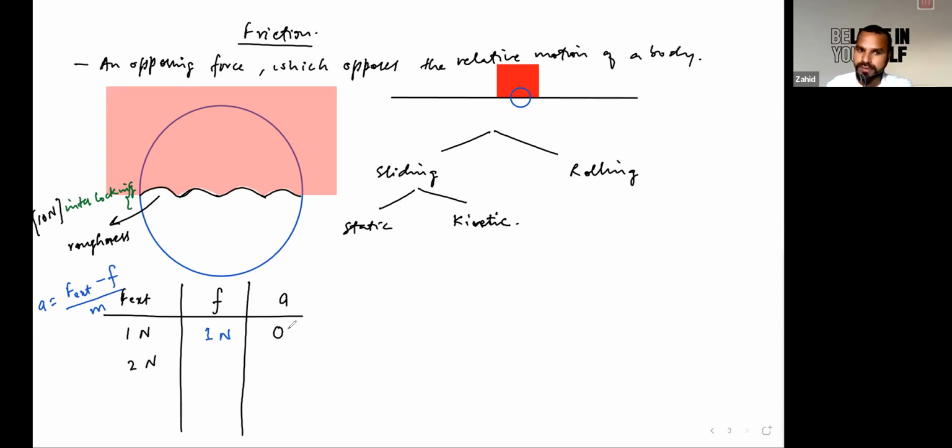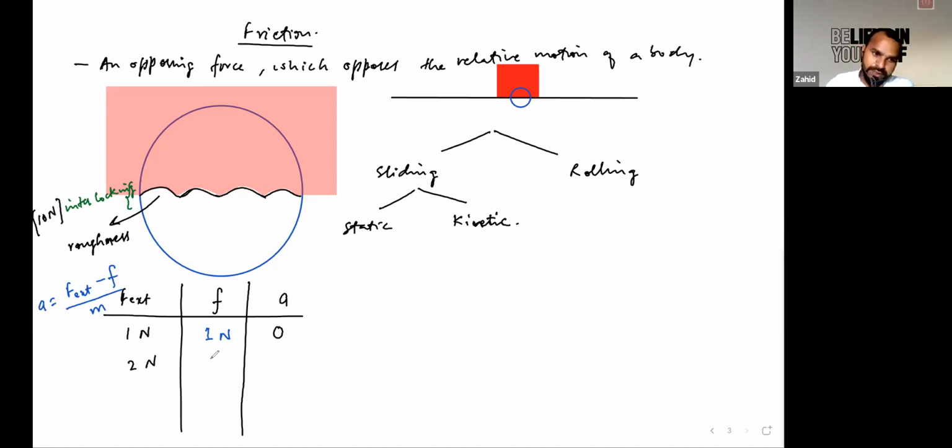So acceleration would be 0. Now put this acceleration in this part, you will get frictional force is equals to external force. So as external force is of just 1 Newton, frictional force must be equals to 1 Newton.